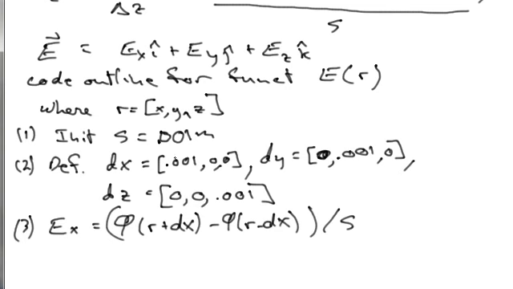So this is the array x, y, z, where x, y, z are the coordinates of the position where they want us to calculate E. And I add dx. So the dx is 0.001, 0, 0.